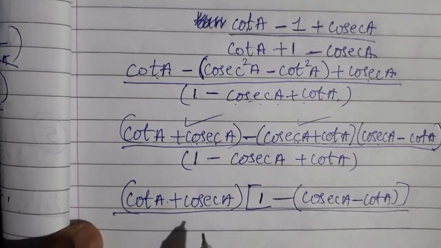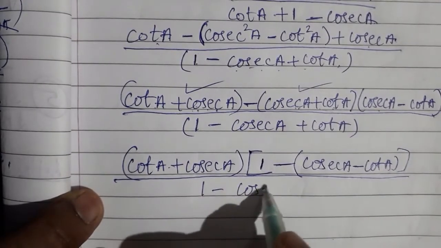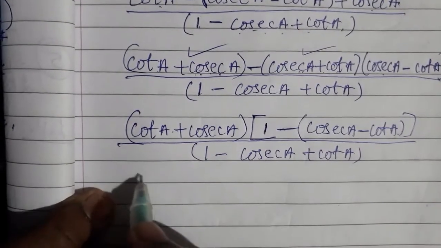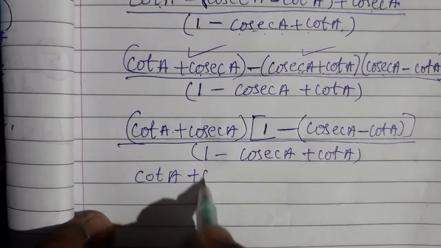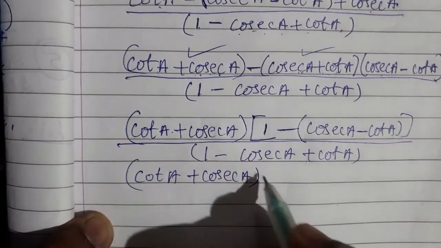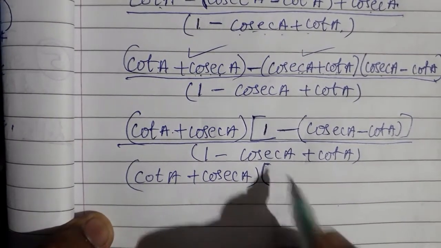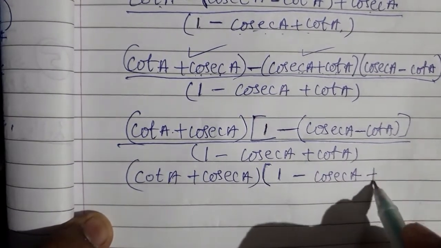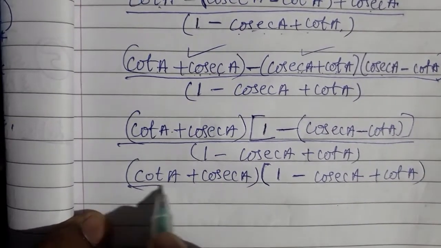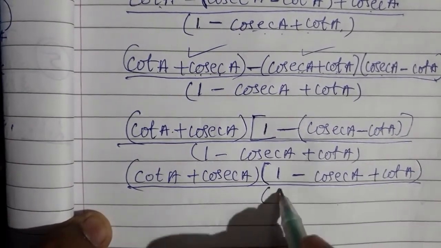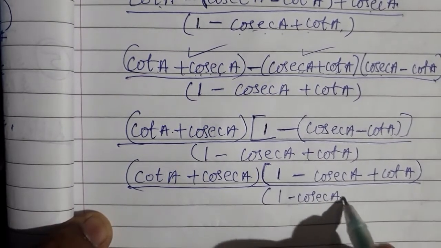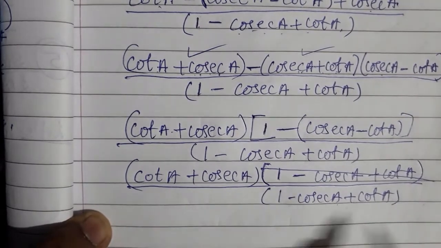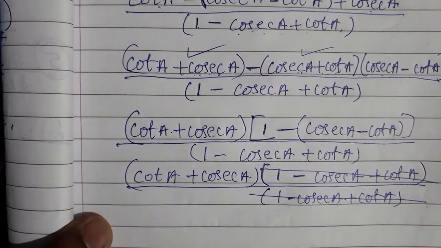Now come to the denominator. 1 minus cosec A plus cot A. The last step. You write this as it is. Cot A plus cosec A. Now here, 1 minus cosec A, minus into minus, plus cot A, close the bracket, and write the denominator. 1 minus cosec A plus cot A, close the bracket. 1 minus cosec A plus cot A will get cancelled.